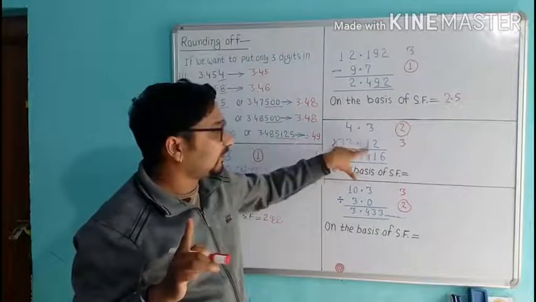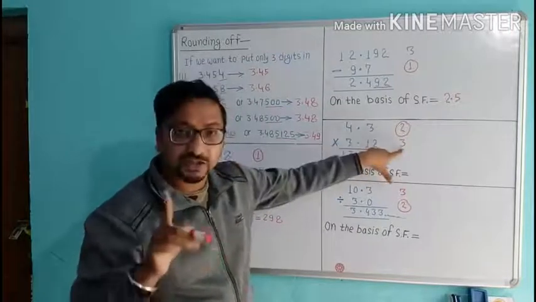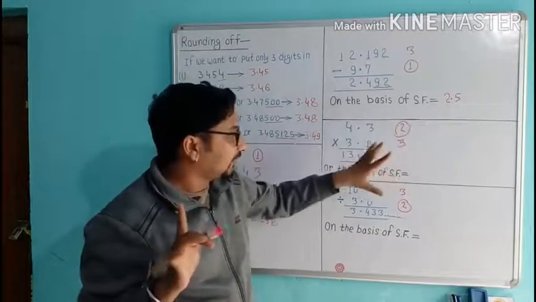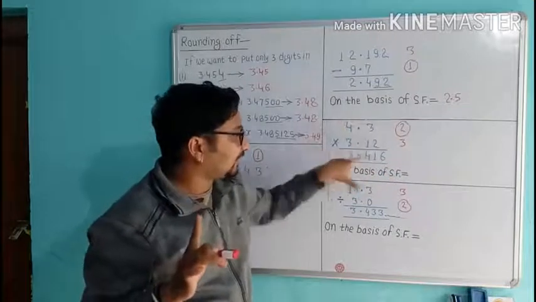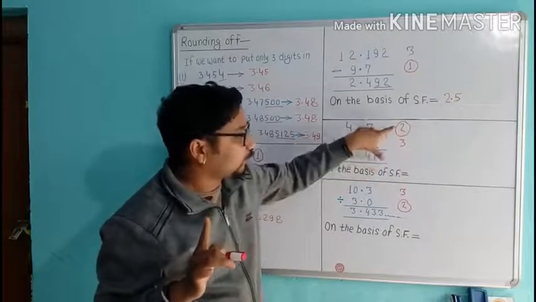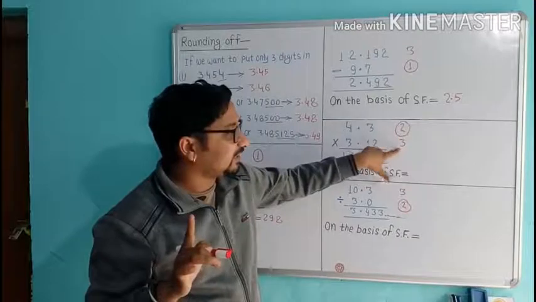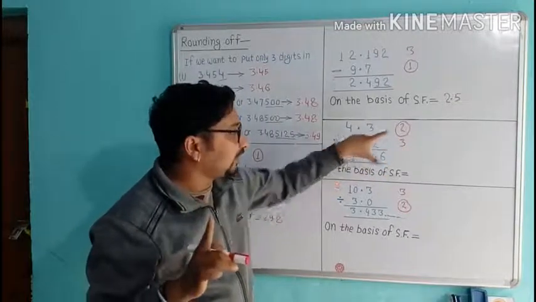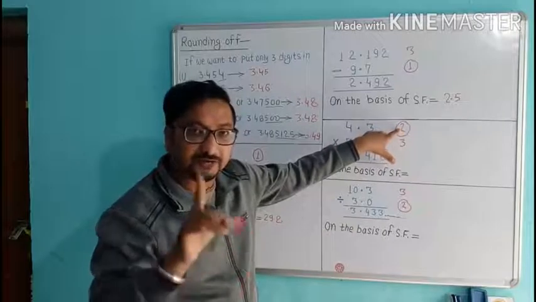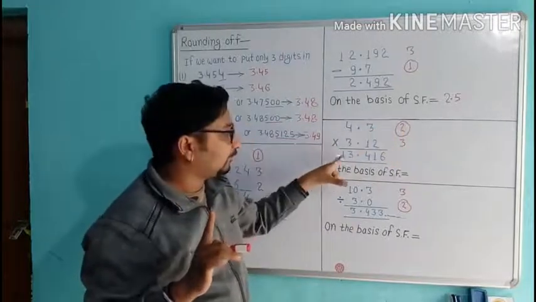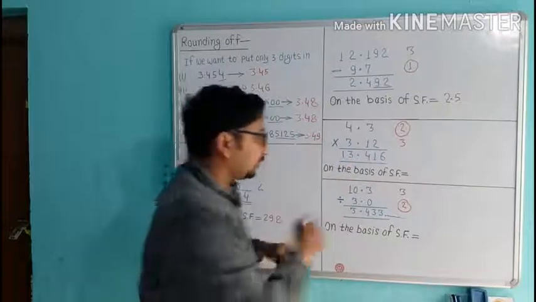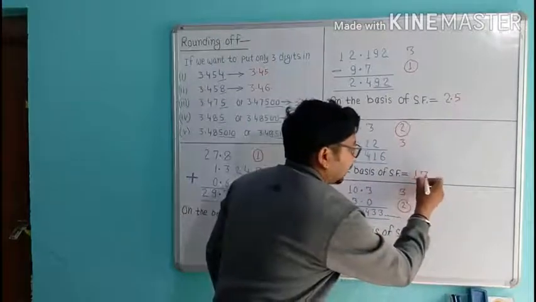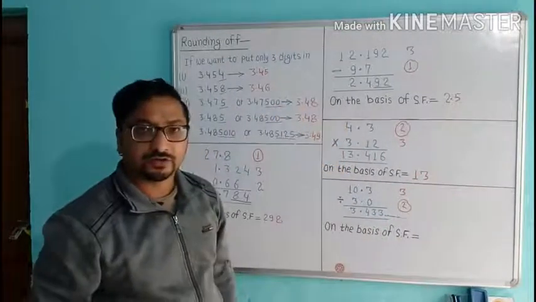Here 3, 1 and 2. There are a total of 3 significant figures. That means after multiplication we get this. Since 2 and 3, 2 is less than 3, that means in the answer we can use only 2 digits, 2 significant figures. That means 1 and 3. So on the basis of significant figures, our answer will be 13.